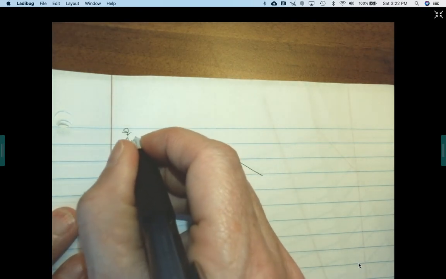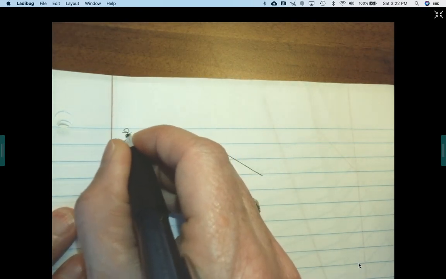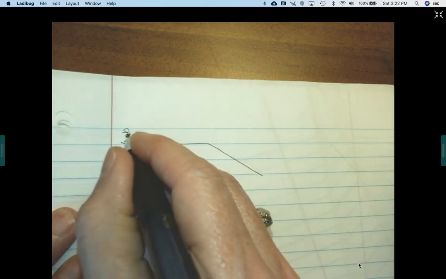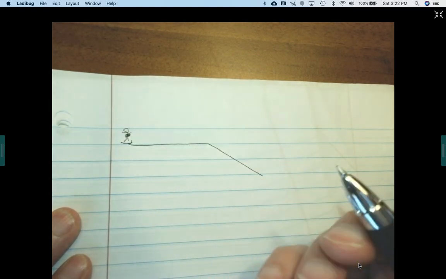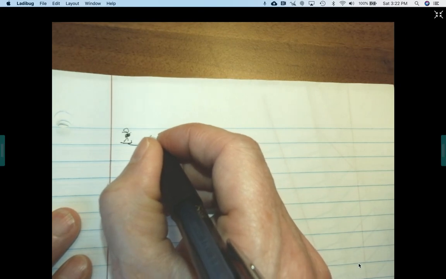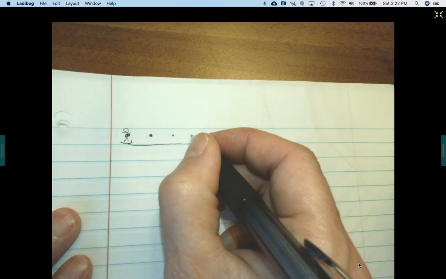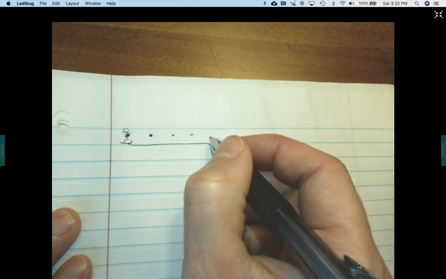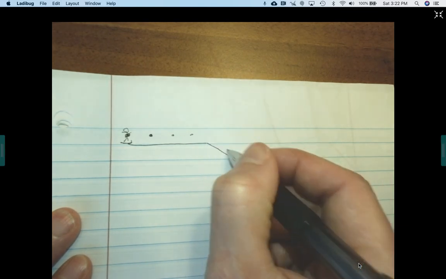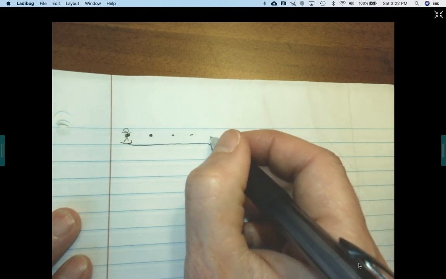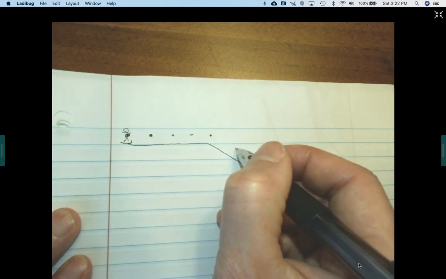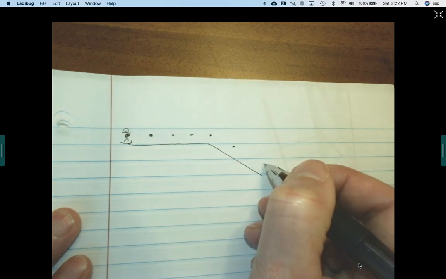Constant speed, so let's say this is going to be my first point. That's our skier. I can draw it to start out with, and then I'm just drawing dots afterwards. So constant speed means that my dots are going to be at equal intervals. Okay, and now as we go down the hill, the skier is going to start speeding up, meaning that these are going to get further apart.